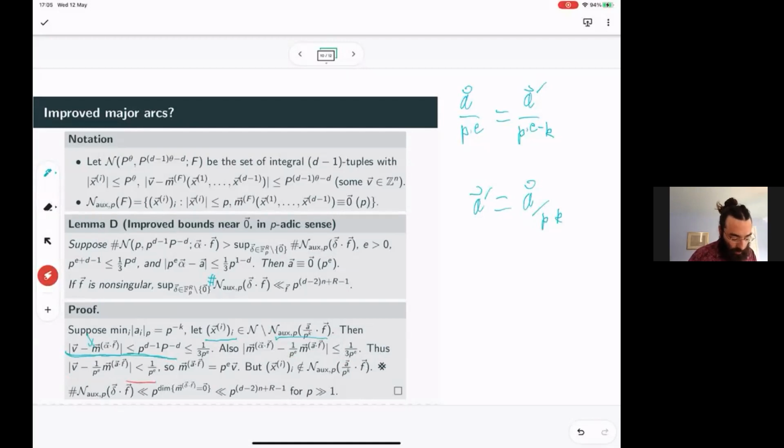So then what we find, multiplying through by the denominator, is that in fact this integer vector m with a dot f plugged in and our solution xi plugged in has to be so close to p to the e times v that it actually has to be equal to v. Okay.